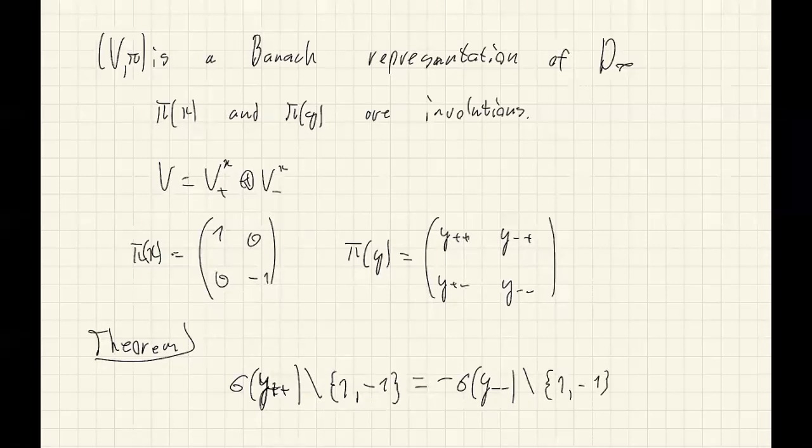So we again receive this sort of asymmetry in the points 1 and -1. And this is not a coincidence. It's actually a very important rule.